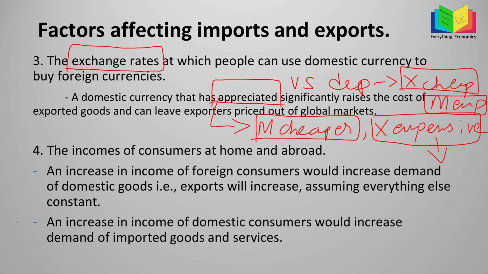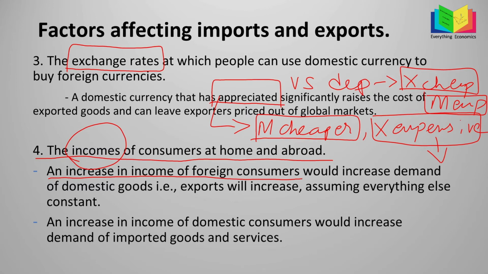The fourth factor is the incomes of consumers at home and abroad. Here we are talking about the incomes of consumers. So either the income of consumers will increase or decrease in the domestic market or in the foreign country. In one case, an increase in income of foreign consumers would increase demand of domestic goods.